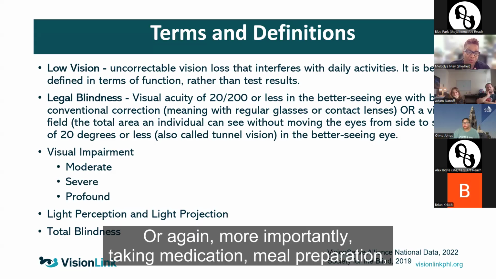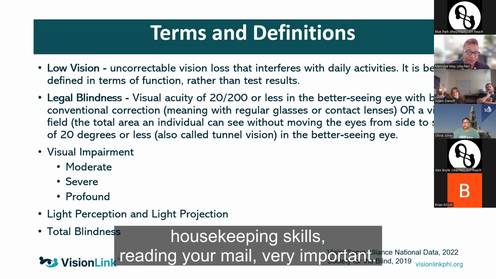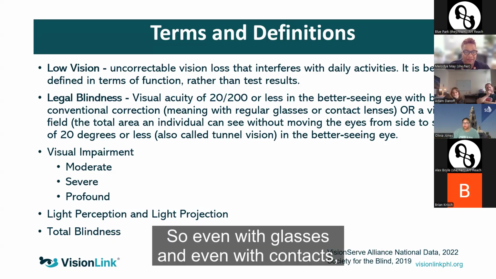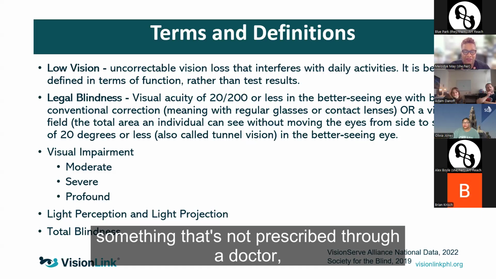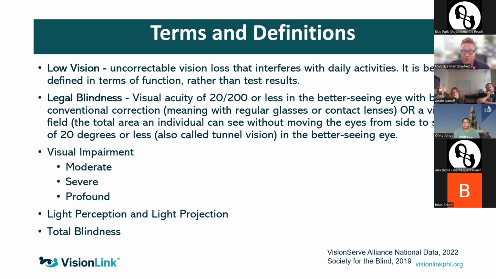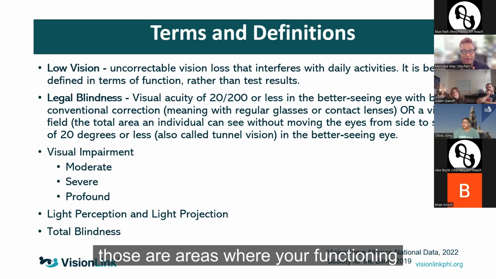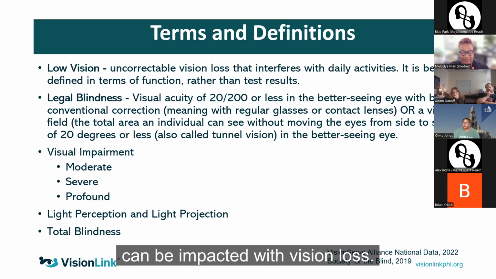Or again, more importantly, taking medication, meal preparation, housekeeping skills, reading your mail, very important. So even with glasses and even with contacts, sometimes even when using a magnifier that you get from the drugstore, something that's not prescribed through a doctor, those are areas where your functioning can be impacted with vision loss.